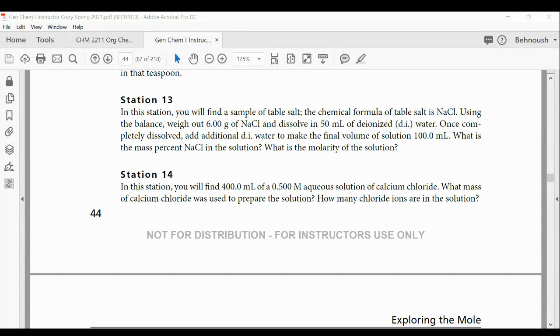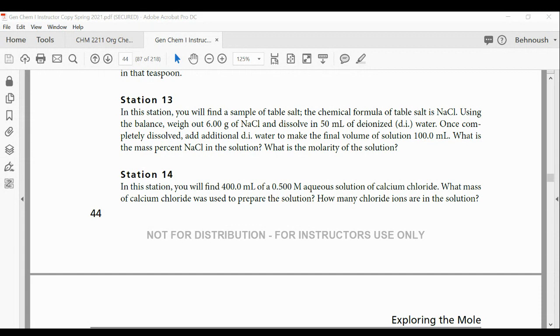So if you have the moles, now going to mass, it would be easy, right? How do you go from moles to mass for calcium chloride? You would use the gram per mole ratio, which in this case, you're going to multiply by the molar mass.